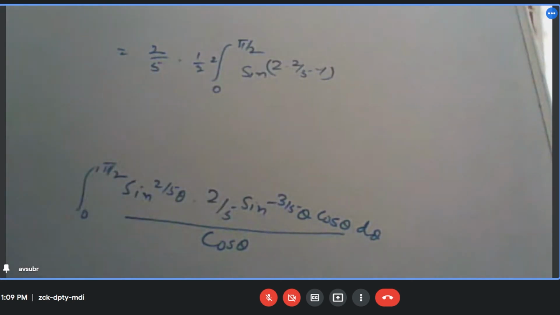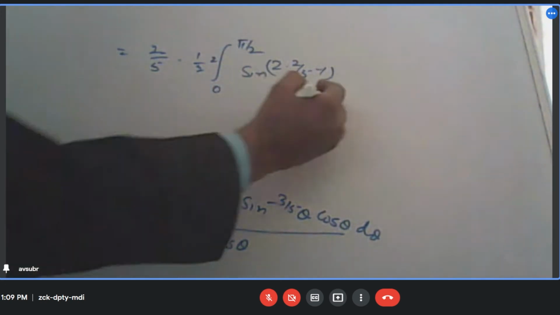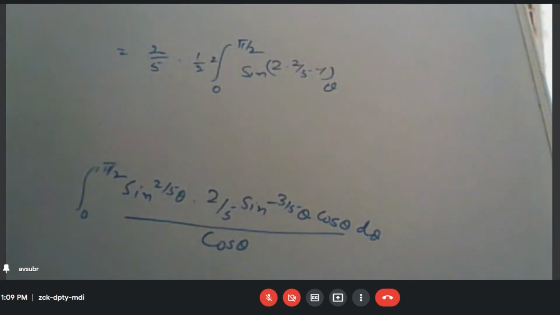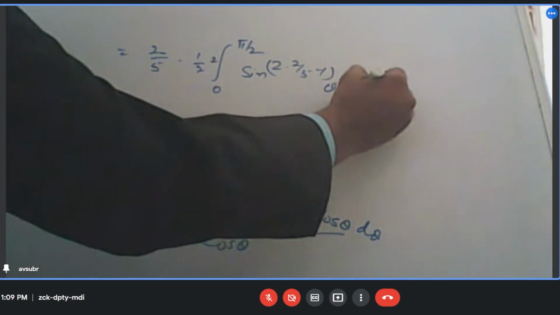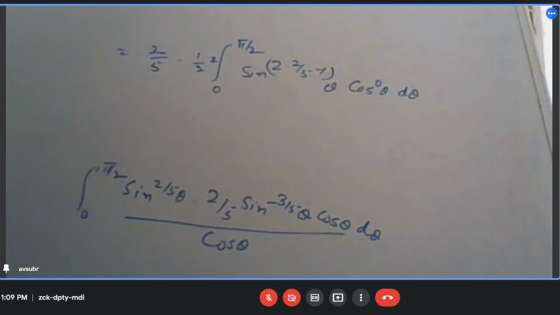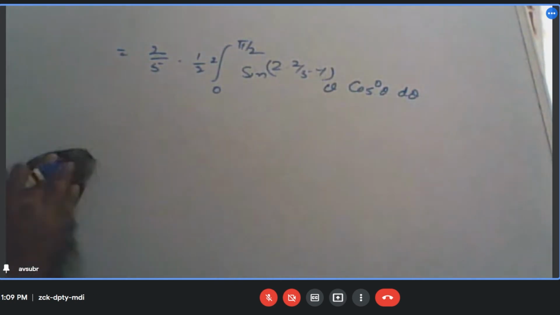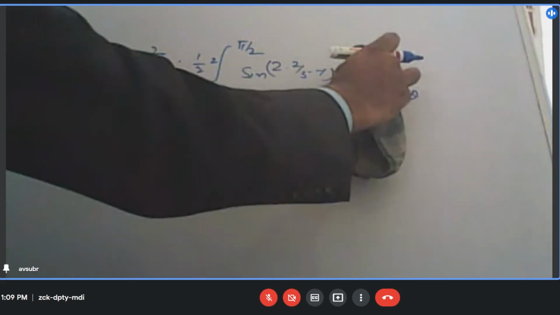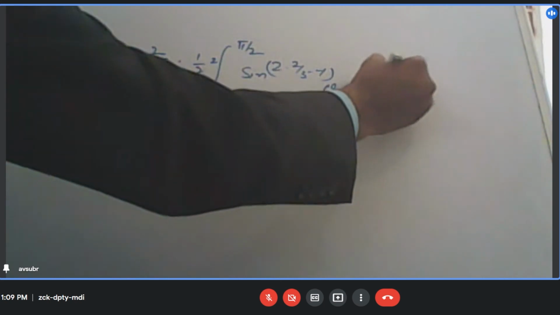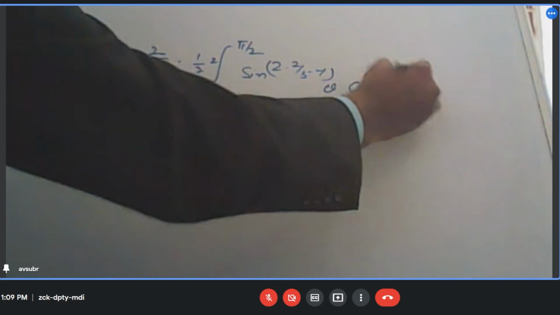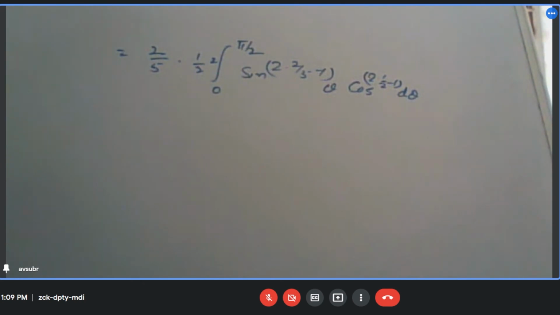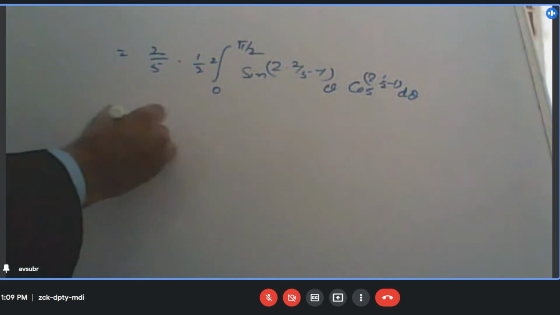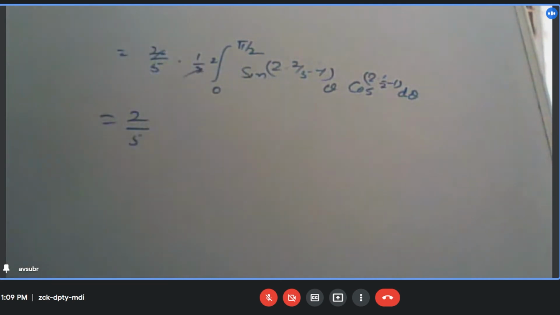Is there any problem? The 2m minus 1 form, can we write like this? Yes, sir. And cos to the power 0 theta d theta. Okay? So this can also be written as 2 into 1 by 2 minus 1. Can I write down? Yes, sir. Okay, so it is 2 by 5. The 2 and 2 cancel, so 1 by 5.